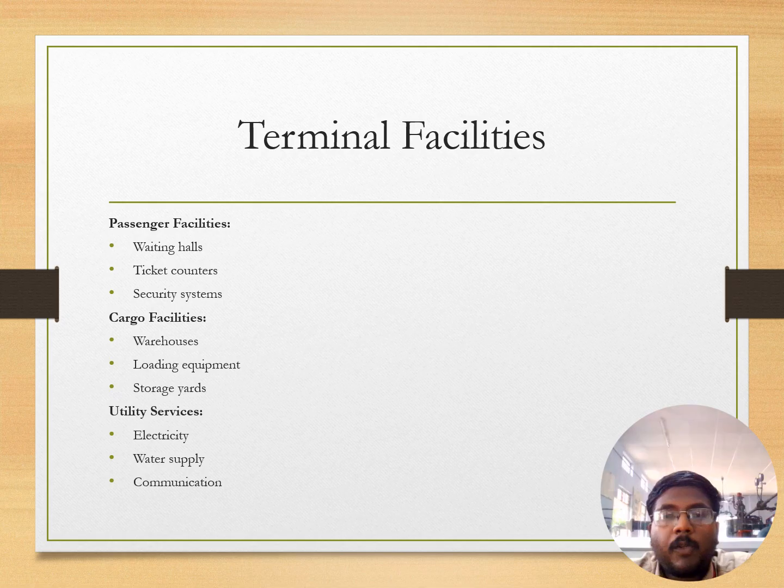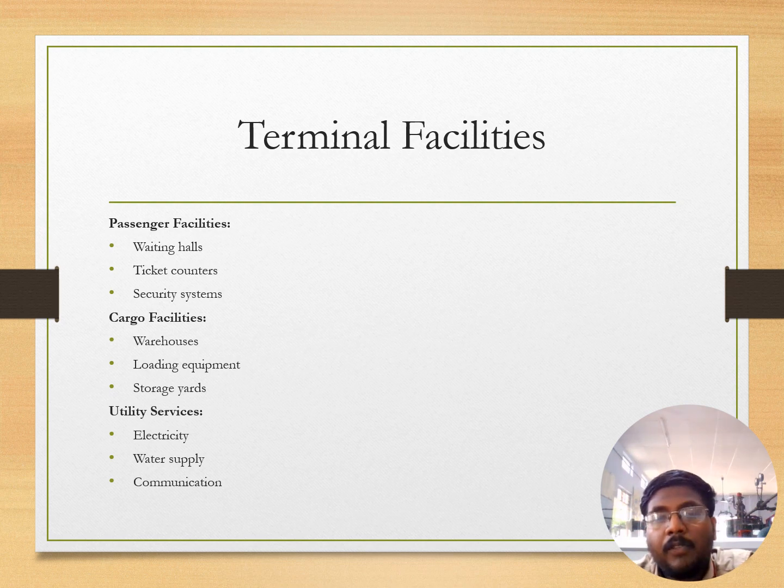Next we see about terminal facilities of harbor and port. In general, terminal facilities are the facilities provided inside the harbor as well as ports. They are waiting hall, ticket counter, security system, warehouse, loading and unloading of cargo with the help of various types of equipment, and storage yard.